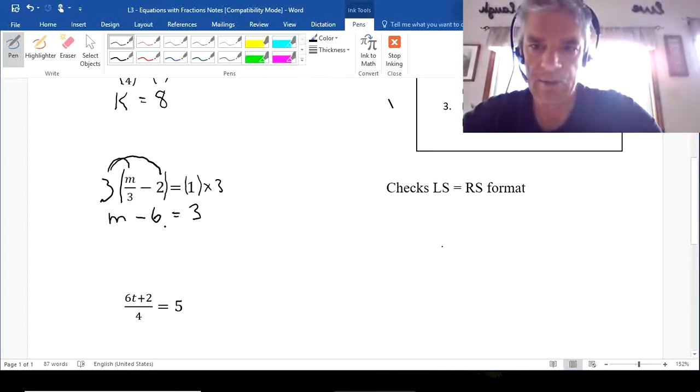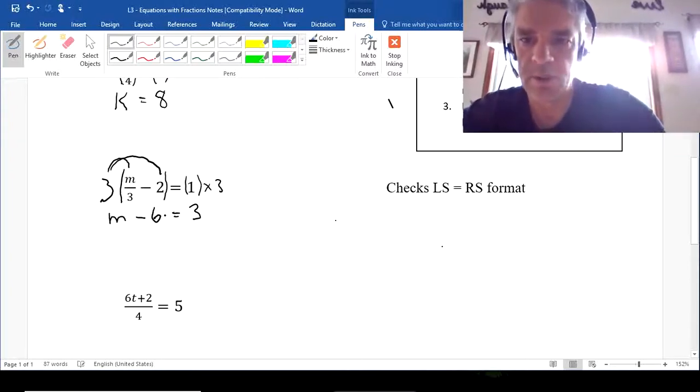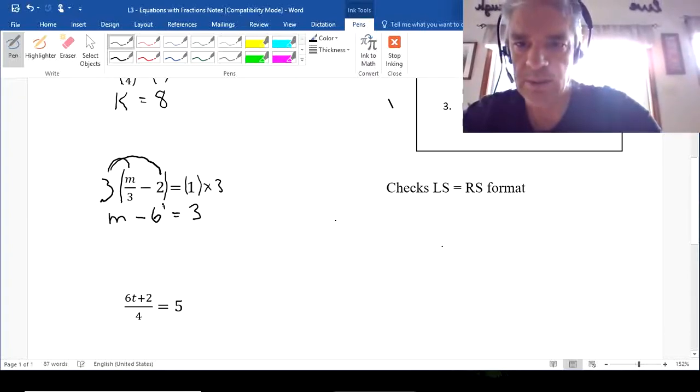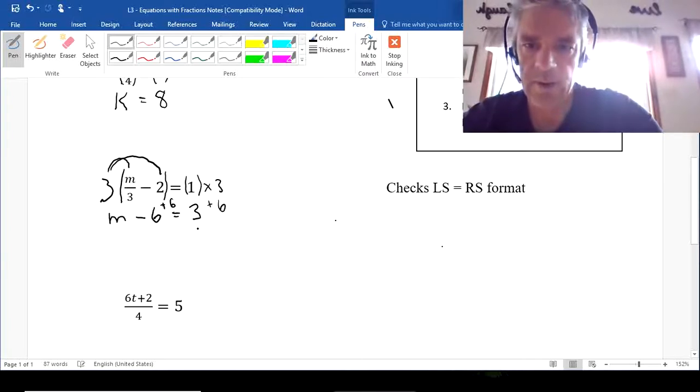I don't have anything with fractions anymore, and so I can solve this quite easily, recognizing that the minus 6 is a number on the left side of the equation and we don't like numbers there, I'm going to simply move in and say, well, that's plus 6. This is plus 6. And I now do my math.